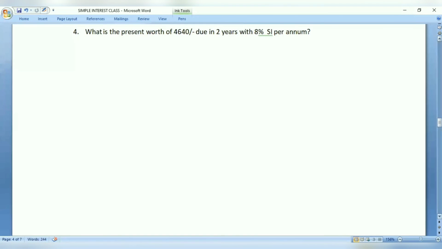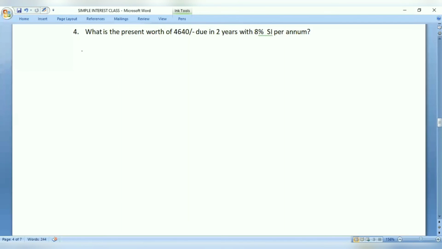For example, today, if some amount is there, that is 4,640, and this is due for the last 2 years, and the rate of interest is 8%. So 2 years back, what is the principal that has now become an amount of 4,640 with a rate of interest as 8% is what the question.